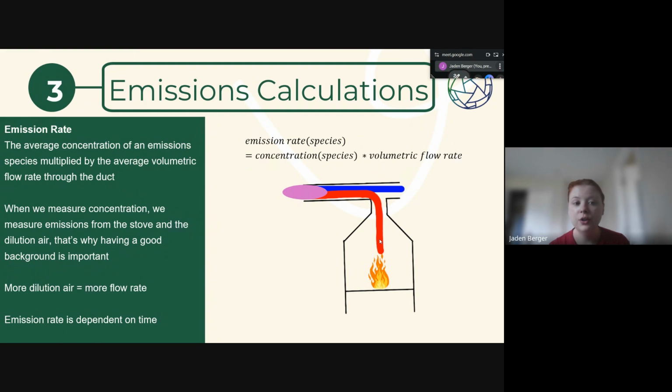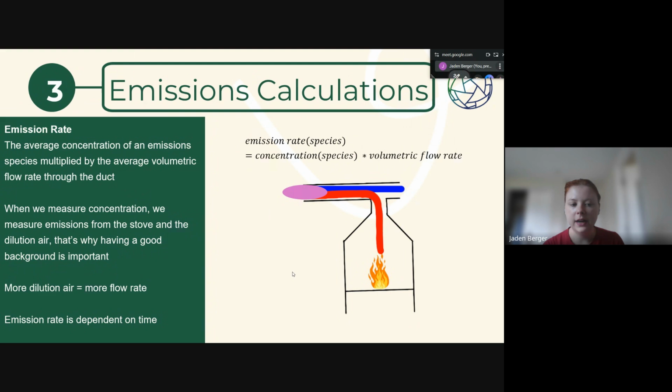So it's a super important step to pay attention to. The other measurement that helps us determine blue and red is our flow rate. So that flow grid that's in your LEMS, more dilution air, that's going to mean a higher flow rate. So that's why it's really important that we do our calibrations on our flow grid.